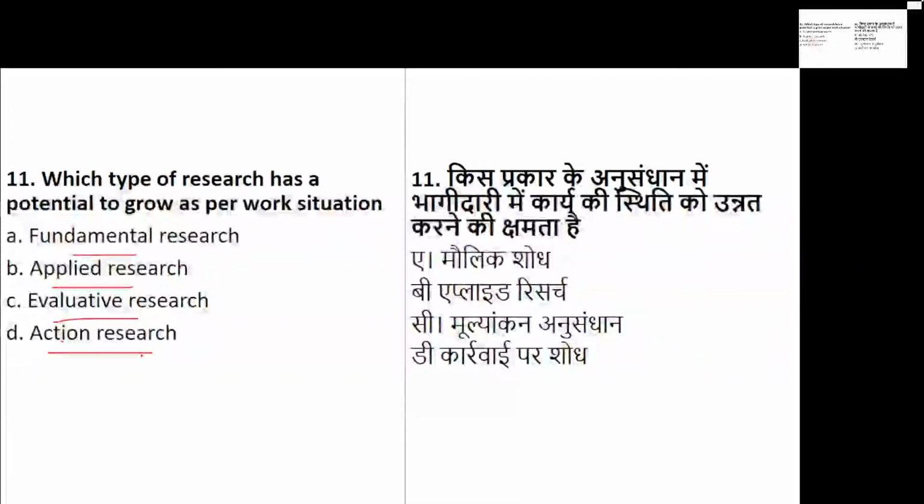The type of research which has a potential to grow is called as what? Here it talks about potential to grow. It means to progress, to make an advancement, to develop. So what will be the right answer?